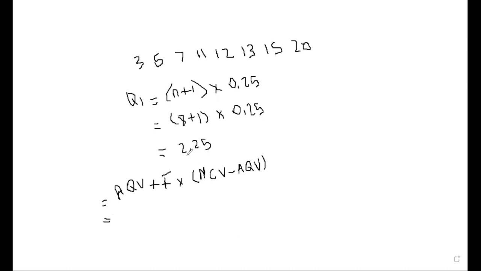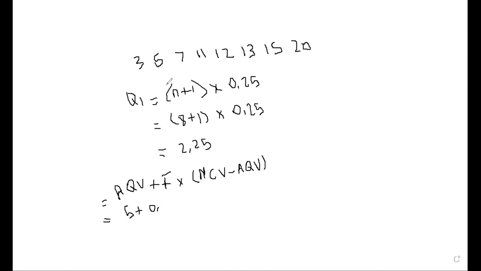So we're going to focus on the second position, meaning our approximate quartile value is 5. 5 plus what is our fractional value? It will be 0.25. This is your exact position, and there's no way you can find the position 2.25 in the data.